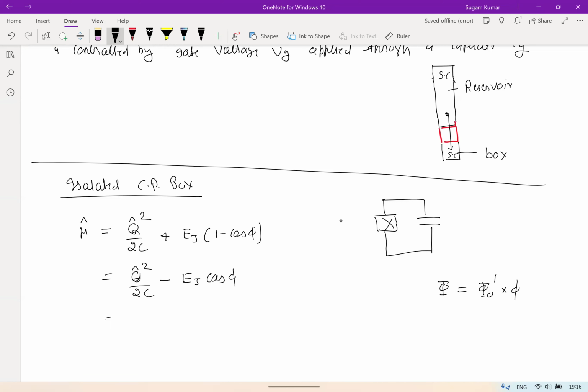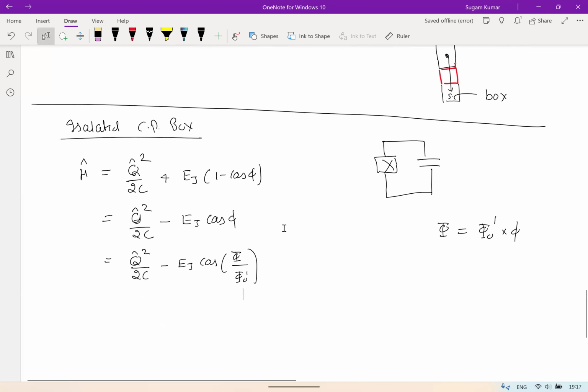So from this equation, you can see this is going to become Q square upon 2C minus EJ cos of capital phi upon phi naught dash. Now we're going to do some mathematics.